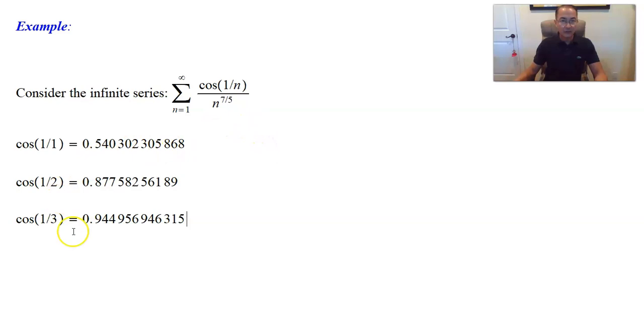So of course, it's always positive because we're in the first quadrant, and n to the 7/5 is also positive. So we can apply the ordinary comparison test, but we need a second series, which is either bigger or smaller than the series that we're looking at here.